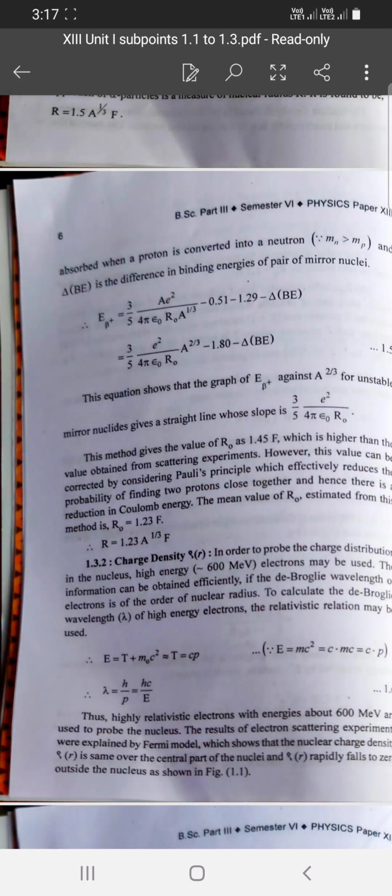After beta decay, if the daughter is left in the ground state, the maximum energy is carried by the beta particle, expressed by equation number 4. Whereas m0 c squared equal to 0.51 mega electron volt is the rest mass energy of the positron, absorbed when a proton is converted into this, and therefore E positron is equal to this.